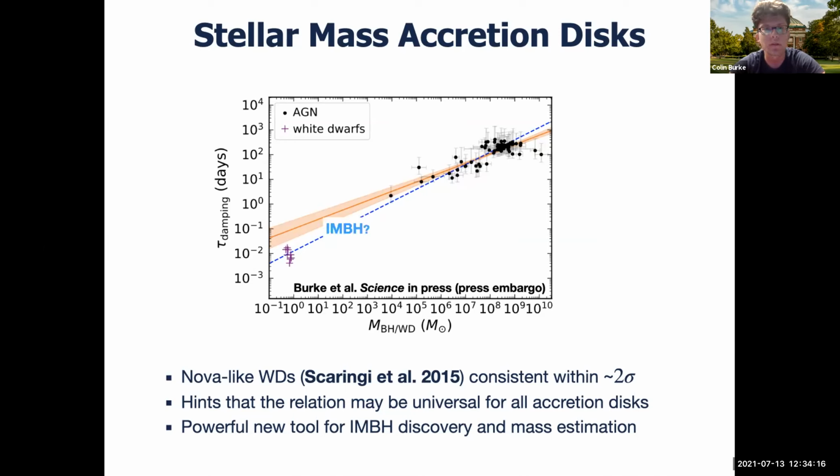This is what I'm particularly interested in, which is the intermediate mass black hole range here in the middle. We have yet to find really a good example of an accreting intermediate mass black hole. And our hope is this timescale mass relation could perhaps be used to predict what an accreting IMBH light curve might look like.